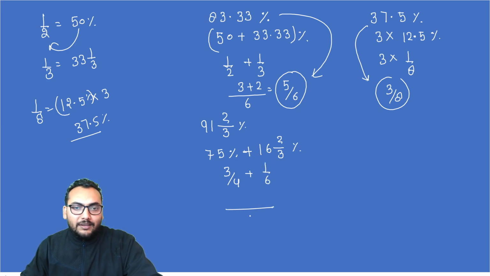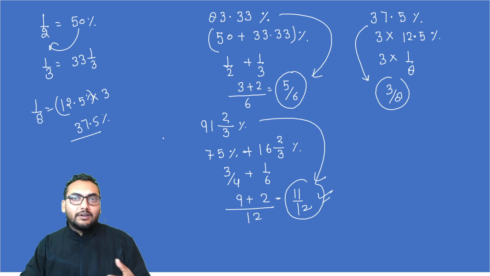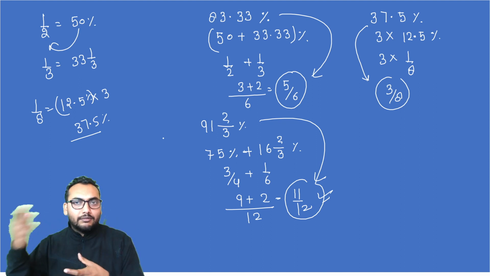Now we take the LCM, which is 12. 4 3s are 12, so 3 3s are 9, and 6 2s are 12. So now I can write it as 11 by 12. So 91 whole 2 by 3% can be written as 11 by 12. This is the way we can convert complicated percentages into fractions.